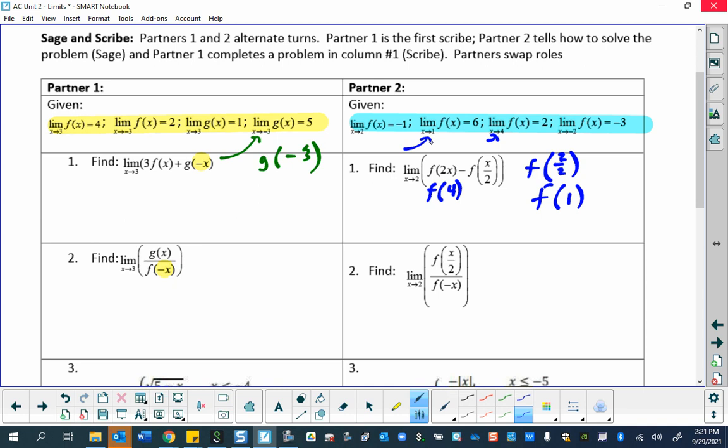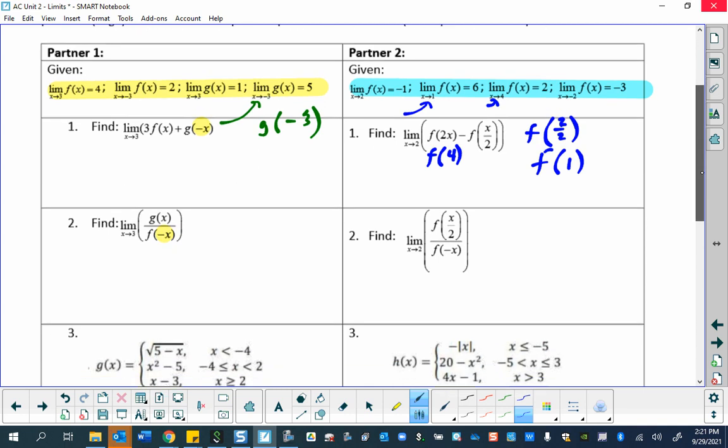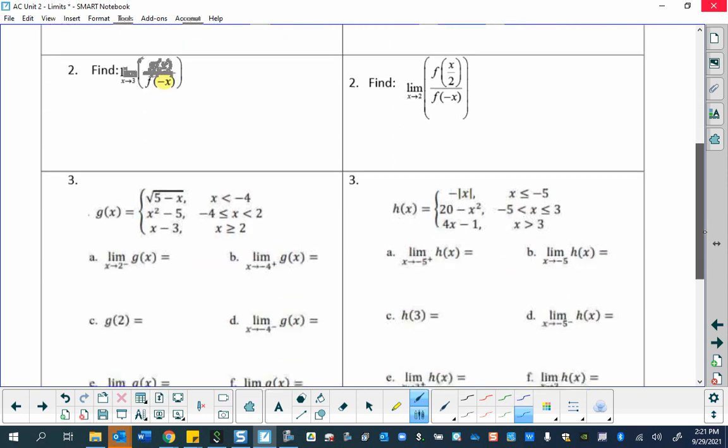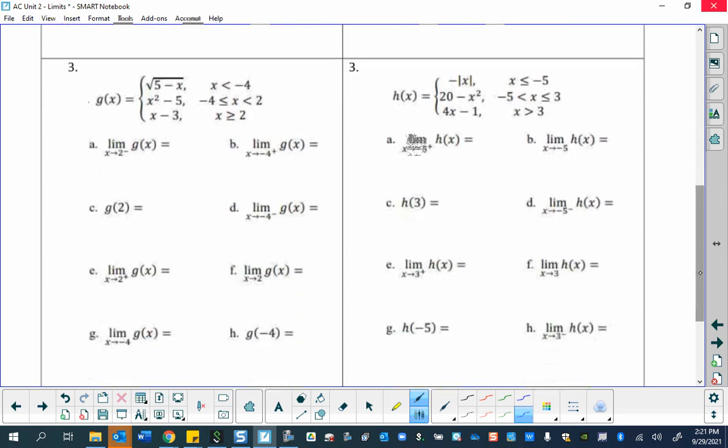Here's the idea. Are you ready? As you work down these, partner 2 is talking as partner 1 is writing. If partner 1 does not agree with what partner 2 is saying, they're allowed to go, are you sure? You want to check that?